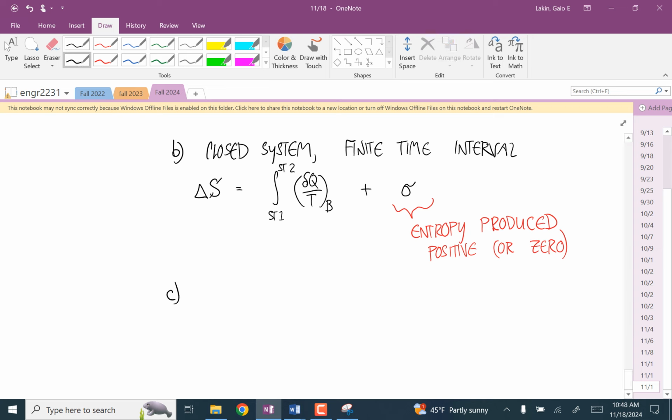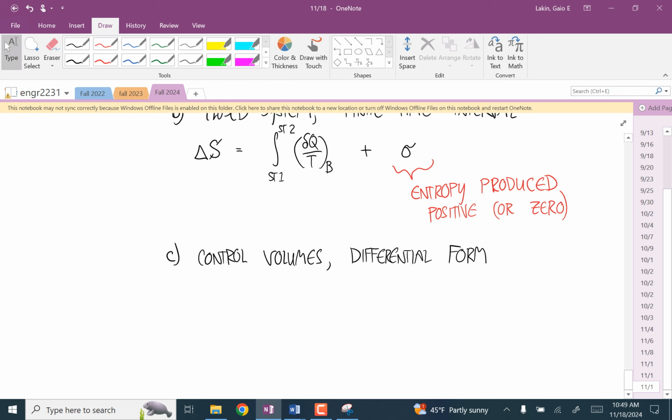And then the last one is for control volumes. And for this, we use a differential form. And this says dS/dt, it's big S, is equal to the sum of all the Q dots over temperatures.